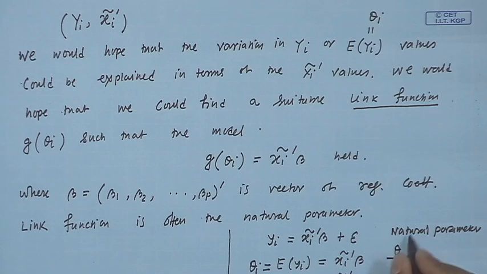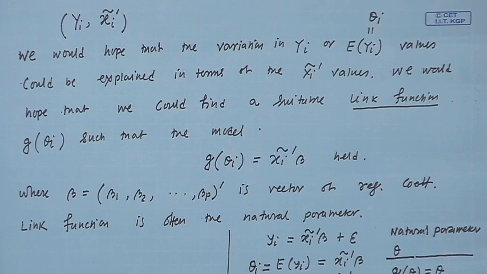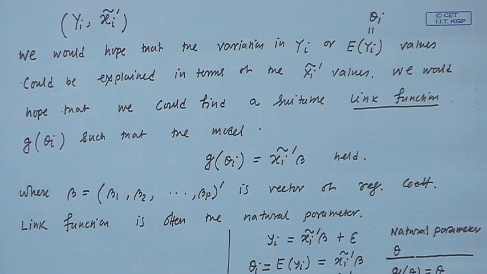The link function is associated with this natural parameter. So, the link function here is g(theta), and g(theta) is equal to the natural parameter theta. So, when it is normal, my g(theta) is equal to theta. That is why I fit the model theta = x_i' beta, right.